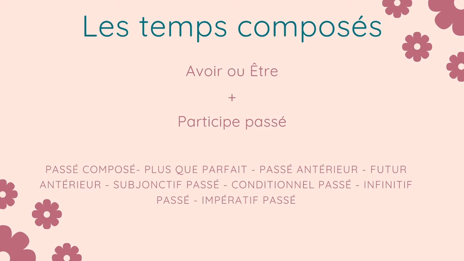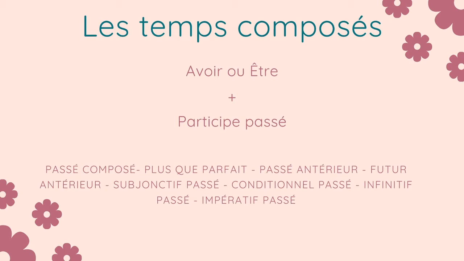But basically, how do they work? We always have avoir ou être conjugated at a certain tense. So if we take the example of passé composé, they're going to be conjugated at the present tense, and then we're going to add the past participle. If I take, for example, plus-que-parfait, avoir ou être are going to be conjugated at the imperfect tense, and you're still going to have that past participle.